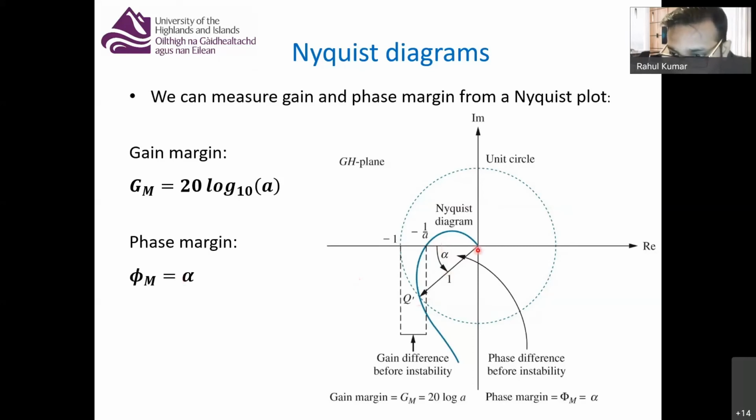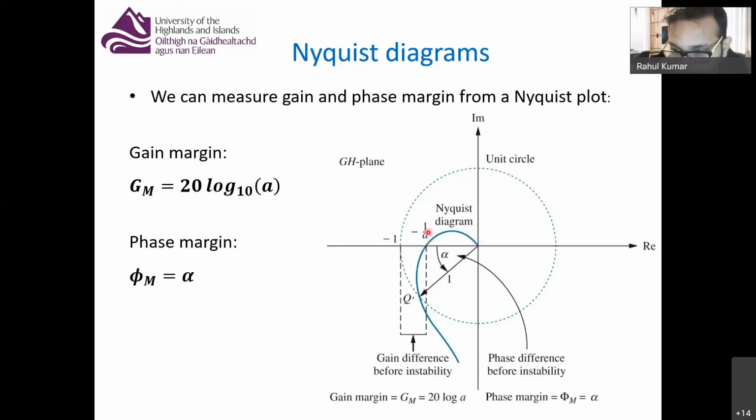Now for the gain margin, we start from wherever the Nyquist diagram is starting, and we trace its path, and wherever this Nyquist diagram is cutting the x-axis or the real axis, we measure the distance of this point from the origin, and this length is minus 1 divided by A, right?